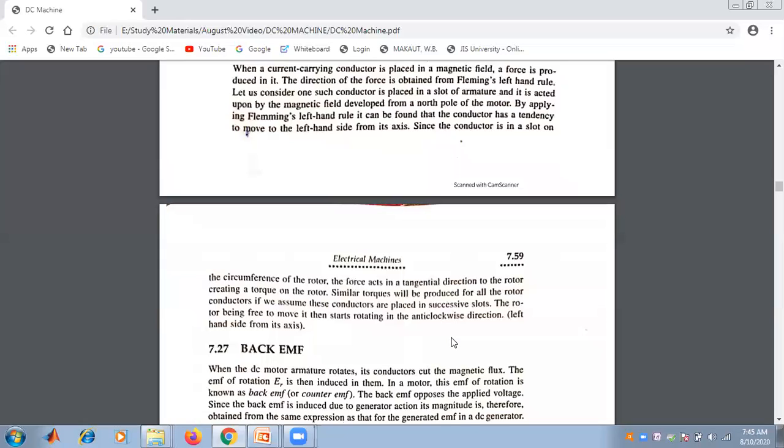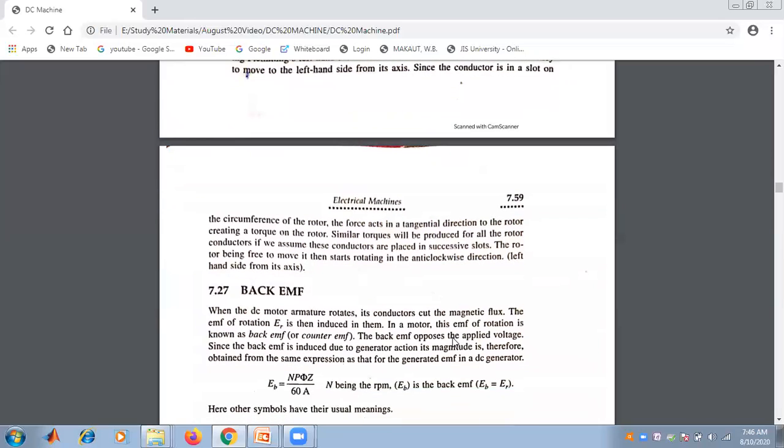Similar torques will be produced for all the rotor conductors if we assume these conductors are placed in successive slots. The rotor, being free to move, starts rotating in the anti-clockwise direction, that is, to the left hand side of the axis.